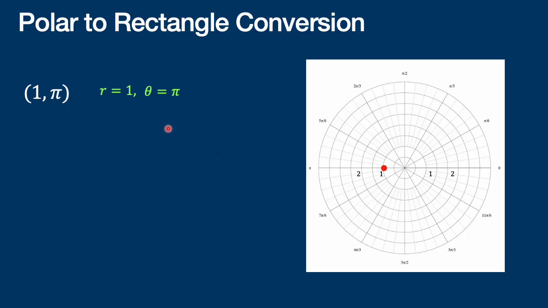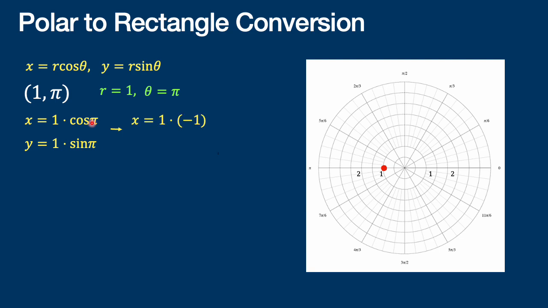The meaning is x equals r cosine theta, y equals r sine theta. r is 1, theta is pi. x equals 1 cosine pi, y equals 1 sine pi. Cosine pi is negative 1, so x equals 1 times negative 1. Sine pi is 0, so y equals 1 times 0, which is 0.